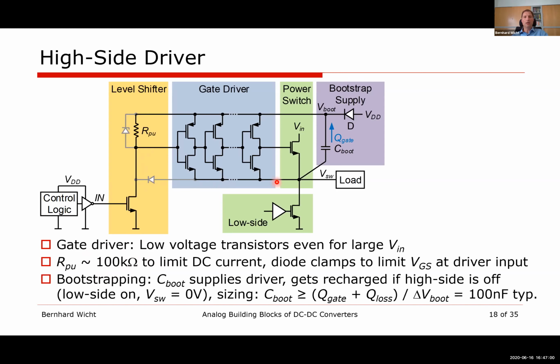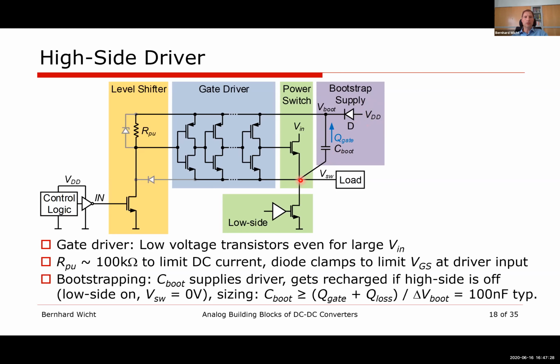And finally, we see here at the right a way to supply DC-DC converter power stages by a concept called bootstrapping. We use a capacitor which we charge from a VDD supply, which may be a linear regulator that's already available at a 5 volt level.